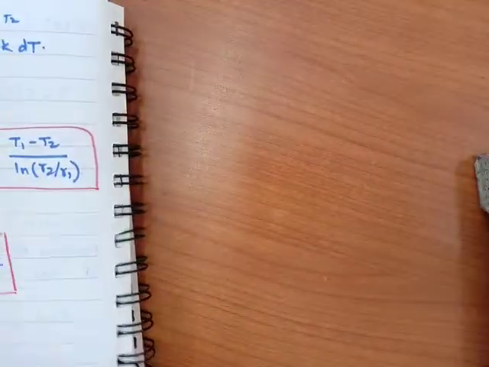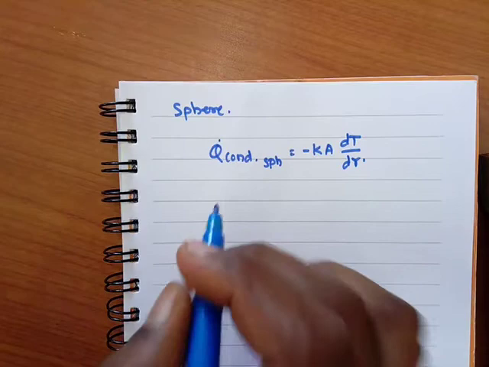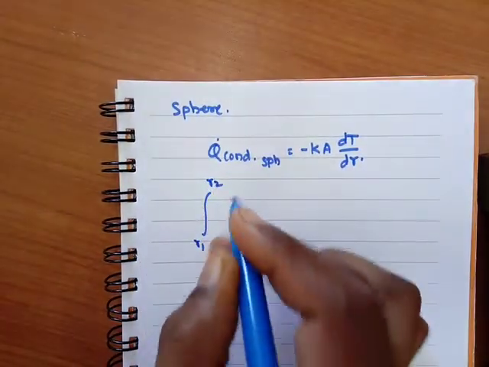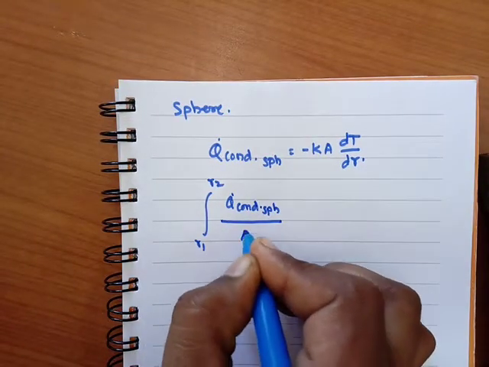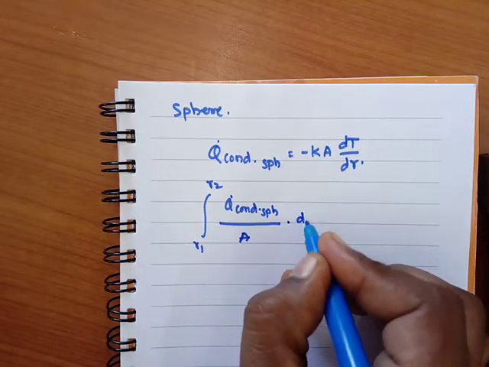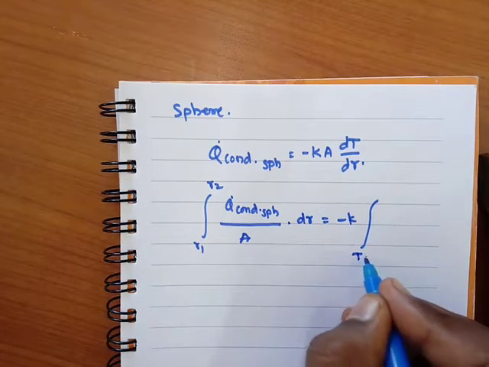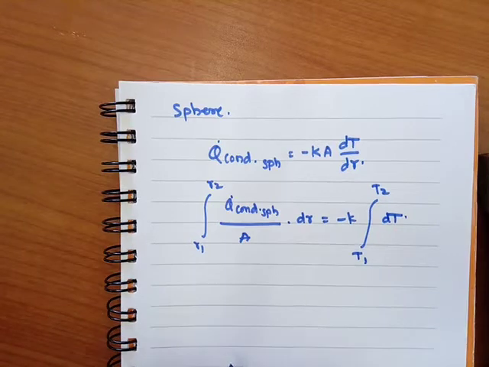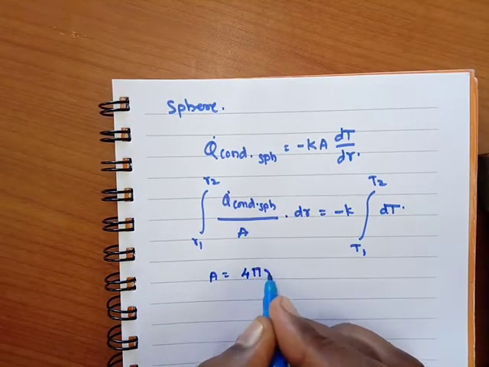Based on this, we will again write this equation similarly: integration from R1 to R2 of Q conduction of sphere divided by area of sphere multiplied with dr is equal to minus K times integration of temperature from T1 to T2 dT. Here the surface area of a sphere is 4 pi r square.